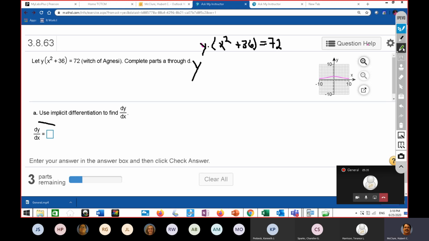So I'm just going to write (x squared plus 36) prime plus the second, x squared plus 36, times the derivative of the first. And I'm just going to put that in green. I got to change mine. I'm just going to put y prime right there because I'm going to take the derivative here in just a second.